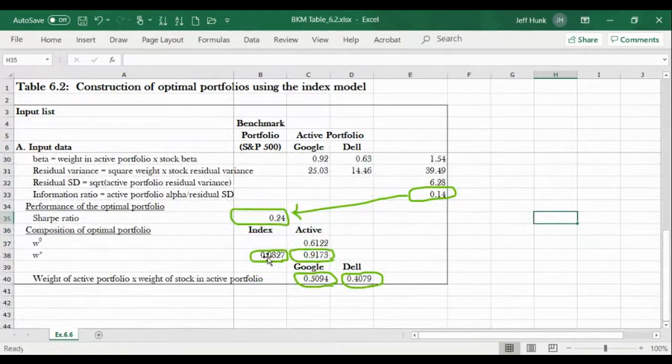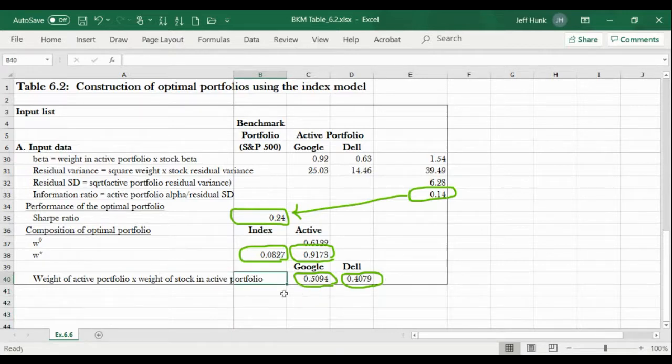Okay, and the weight of the active portfolio, once it is adjusted for beta, it comes to this, and then weight of active portfolio times weight of stock in the active portfolio.